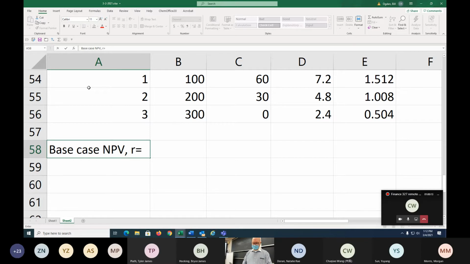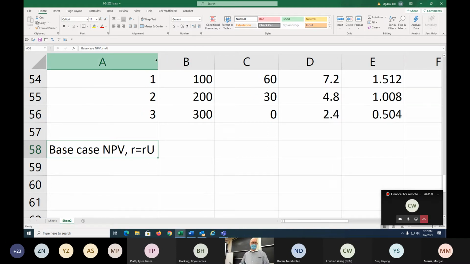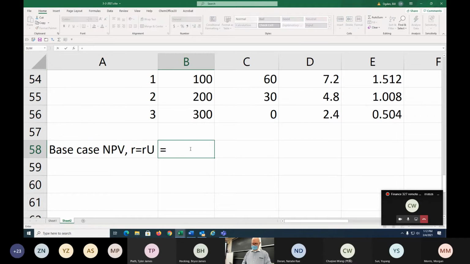R equals RU. Okay, here we go. Equals NPV, RU, comma, cash flows 1 through N, close it, and subtract the cost.